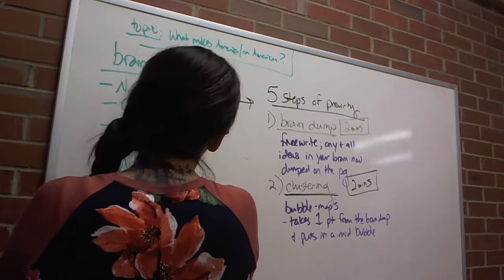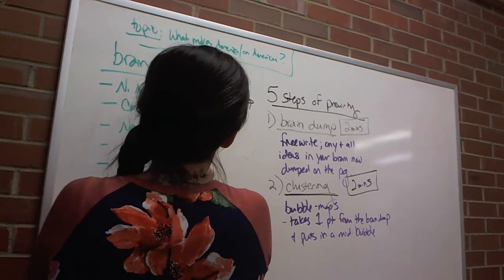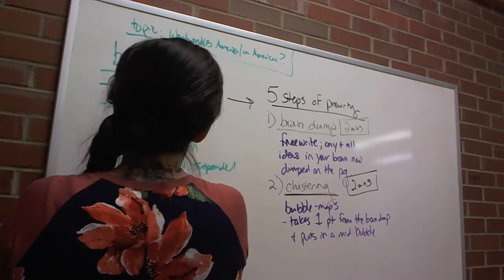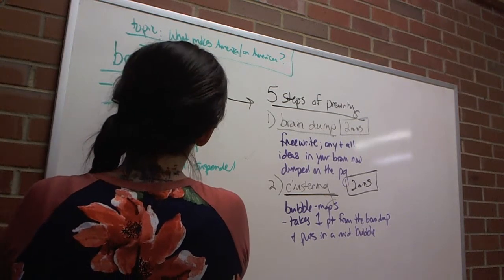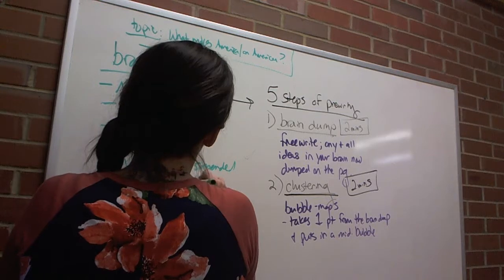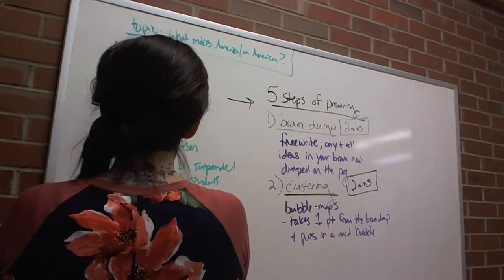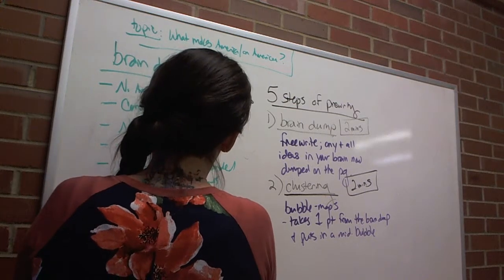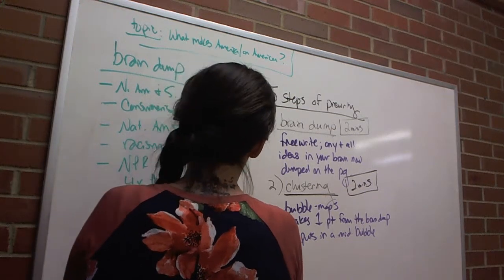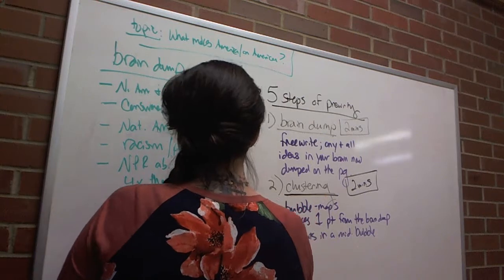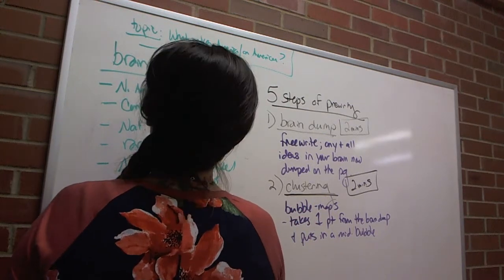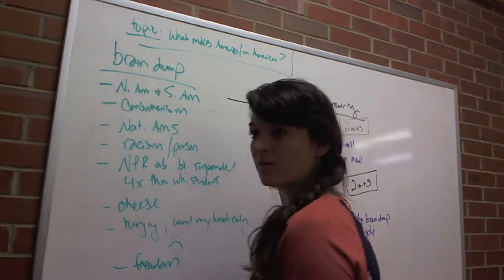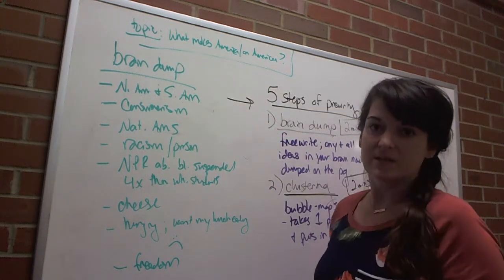I heard an NPR article today about Black students suspended 4 times more likely than white students. I also think of cheese, American cheese, when I think of this. I also think that I'm hungry and I want my lunch early. But then I would have no lunch, and that makes me sad. And something else about American, we'll say freedom. Okay? So this is what a brain dump looks like.